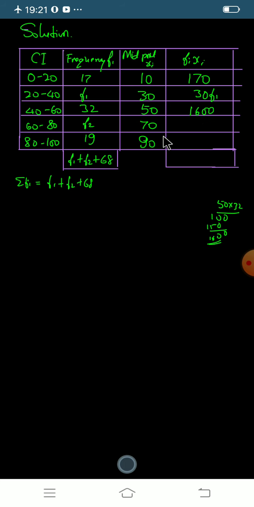Now 70 into F2 is 70 F2. Next, again we have to multiply these two numbers, 90 and 19.